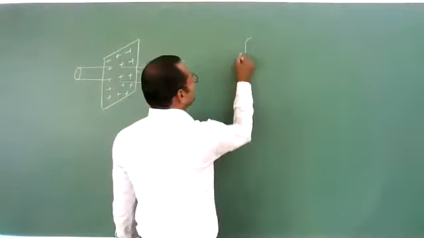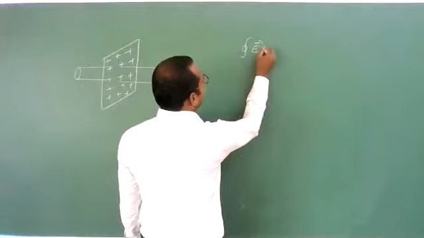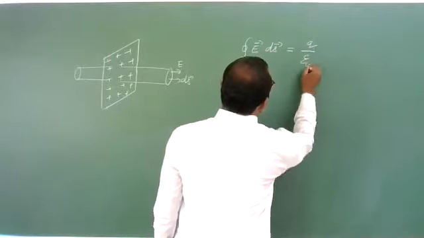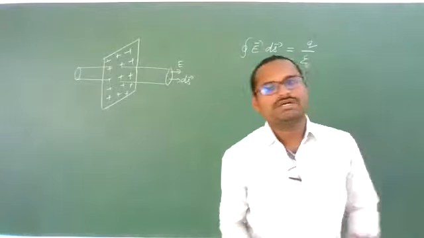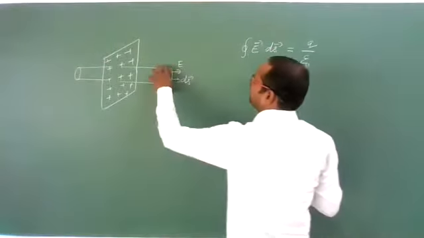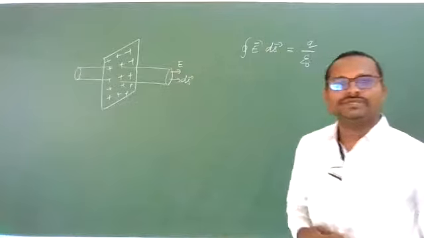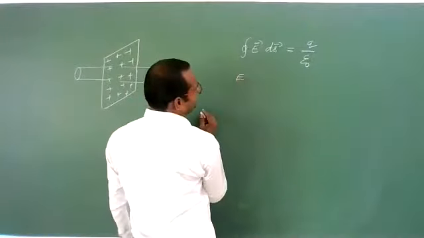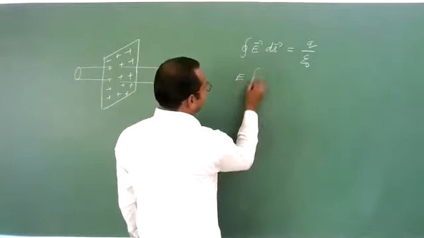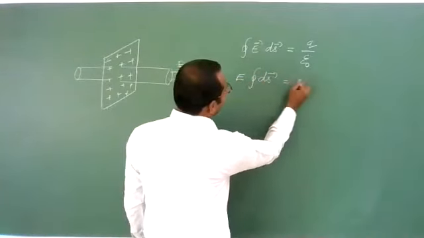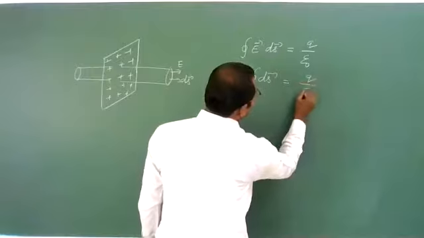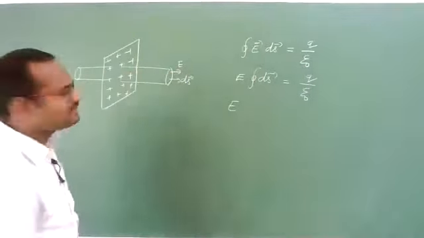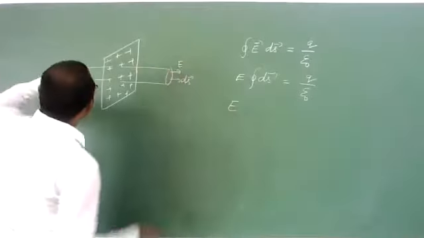Now according to Gauss law, the surface integral of E bar dot ds bar is equal to q by epsilon naught, where q is the charge enclosed within that Gaussian surface. Clear, students? Yes. Now this E we can take outside because the magnitude is the same. The surface integral of ds bar is equal to q by epsilon naught.